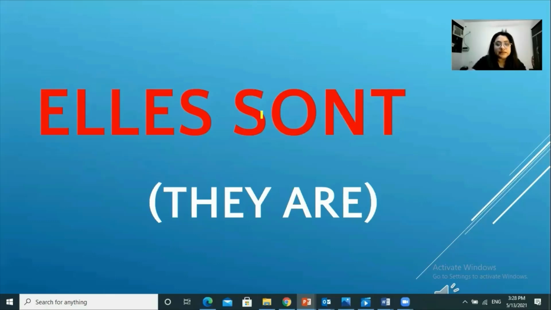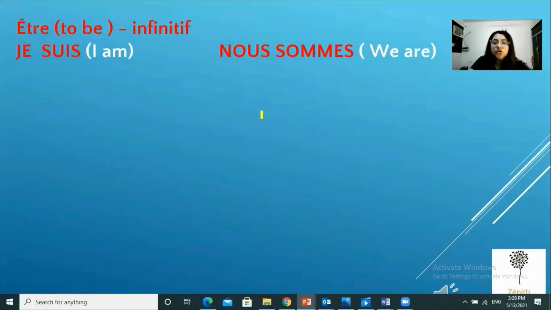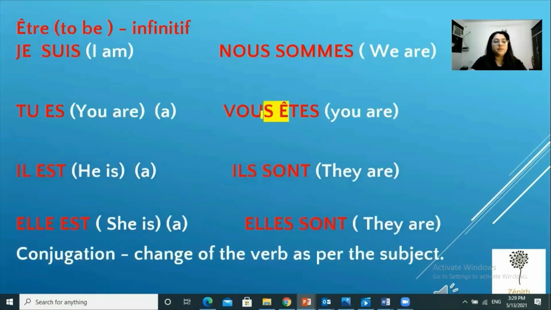Okay. Let's have a quick revision of all the verbs. We have the verb être, and with it, je suis. Vous allez répéter après moi. You're going to repeat after me. Donc, je suis, which means I am. Then you have tu es, which means you are. Then you have il est, which means he is.